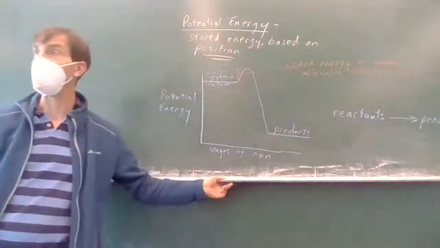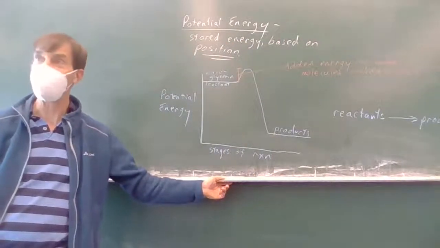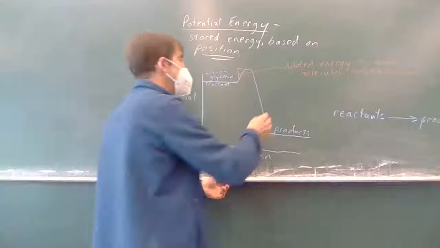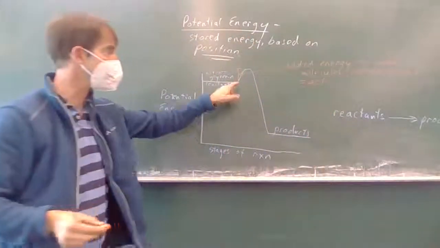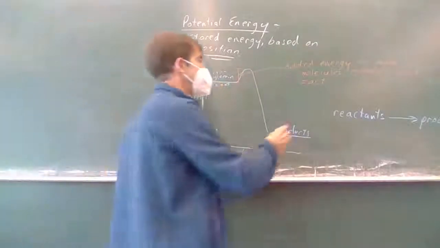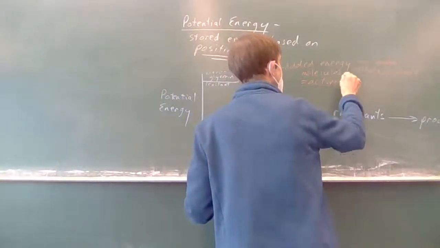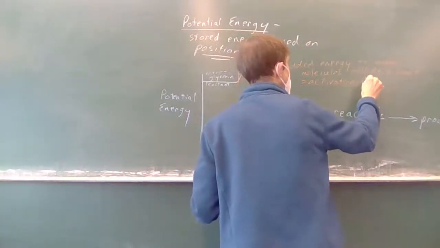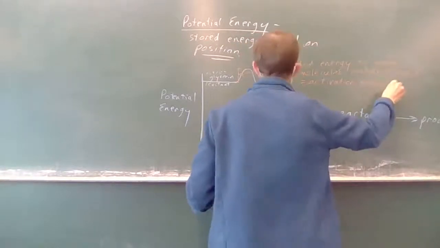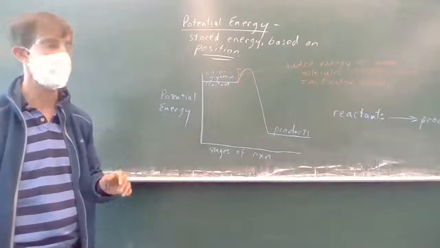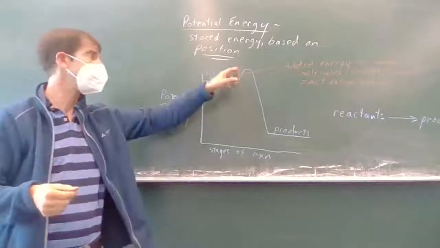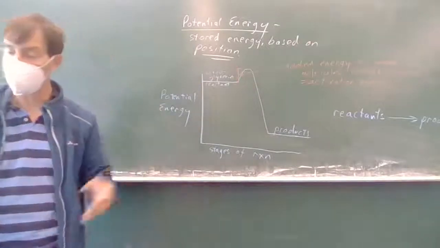On this diagram, that's the activation energy. So it's the height of a little hill on this diagram. And my hill is not very big because I don't really need much with nitroglycerin. They warm up a little bit, get over that hill, and then they hit and then they explode.